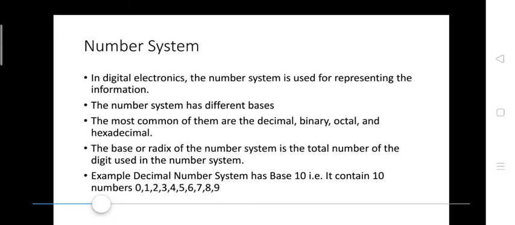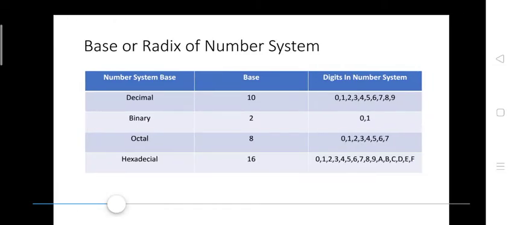It contains 10 numbers, so it has base 10. Binary number system has base 2, so it contains only two digits, 0 and 1.